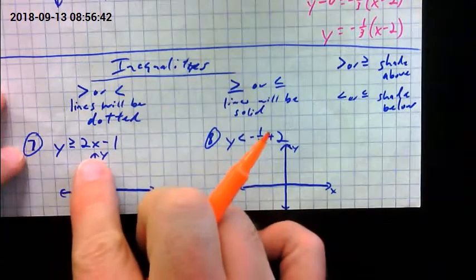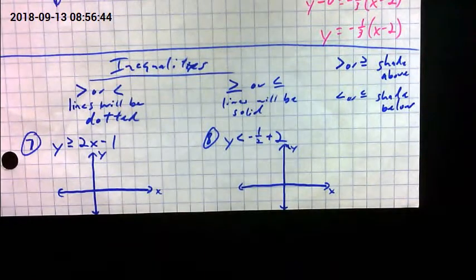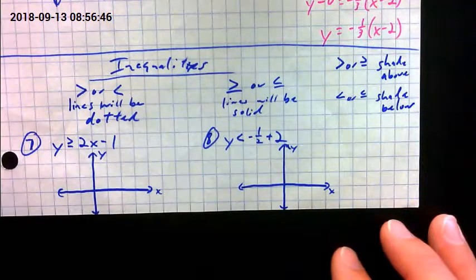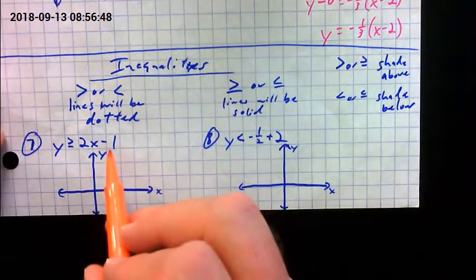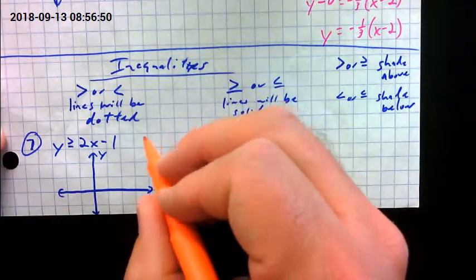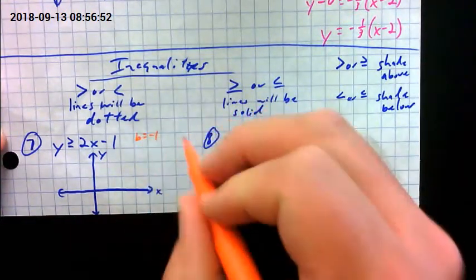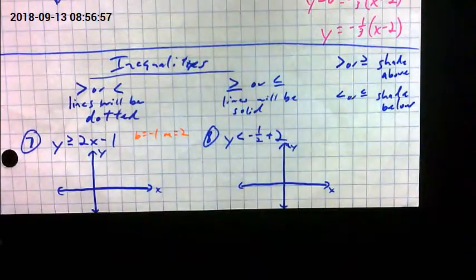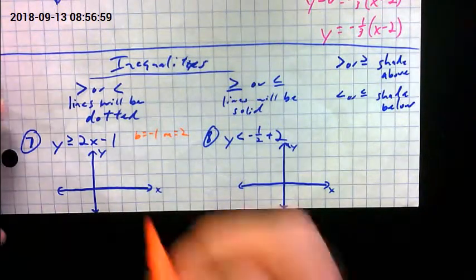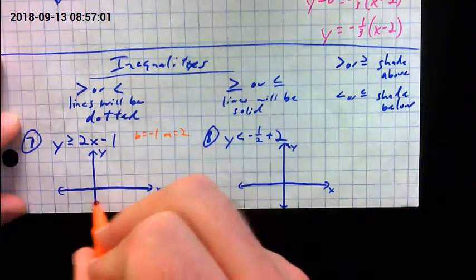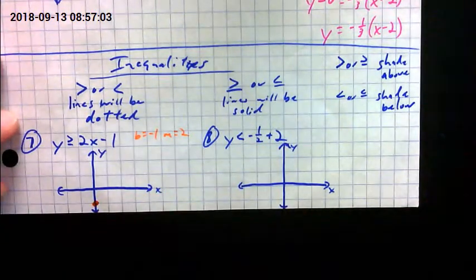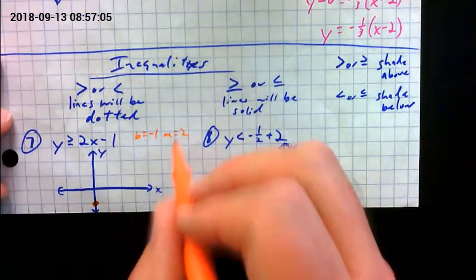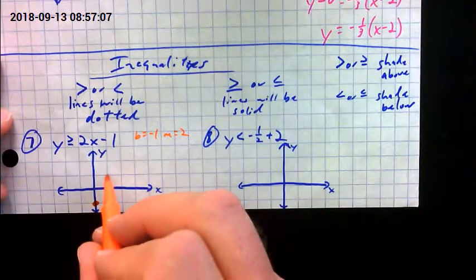On this first one, graphing it is the same as what we did previously. We have a -1 for our y-intercept, and we have a slope of 2. So we're going to graph it by first finding that y-intercept at -1, and then we're going to do our slope of 2, up 2 over 1.